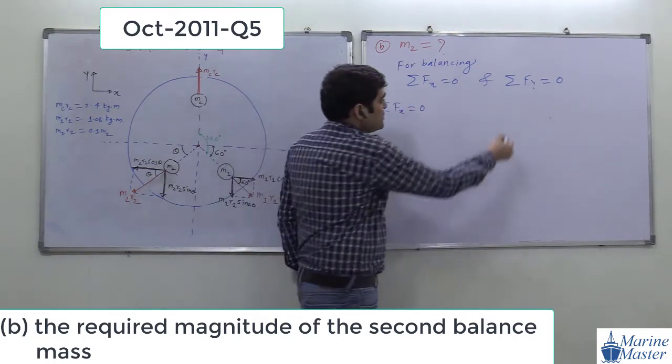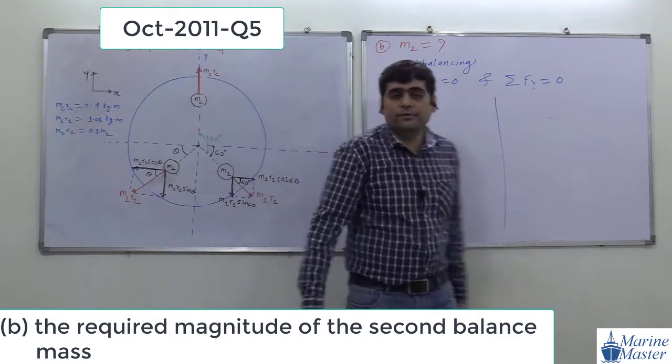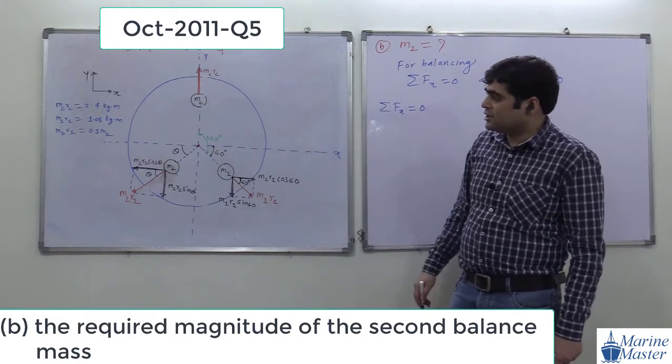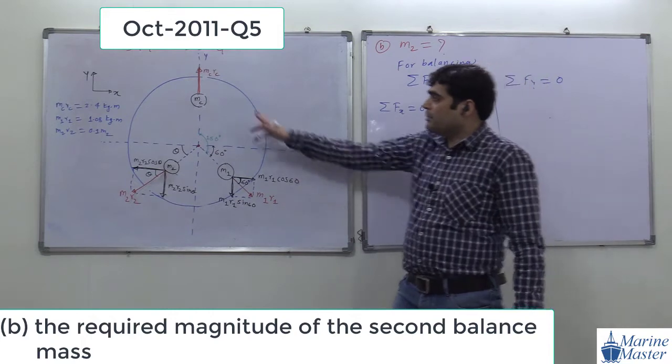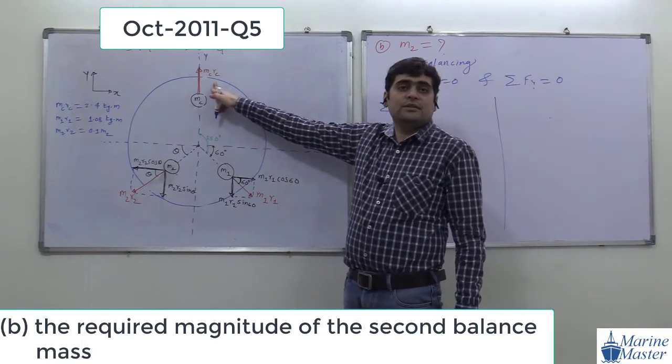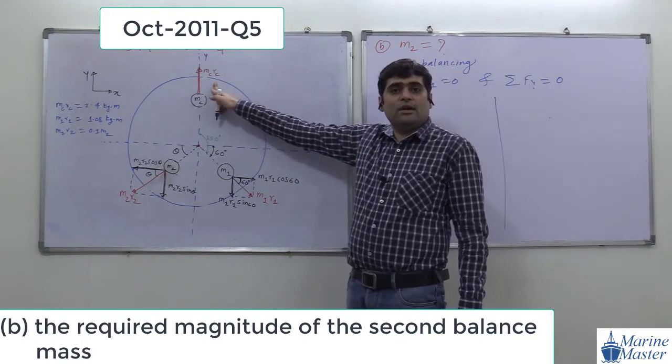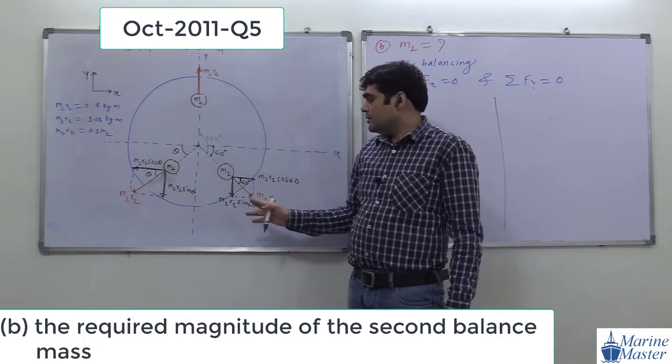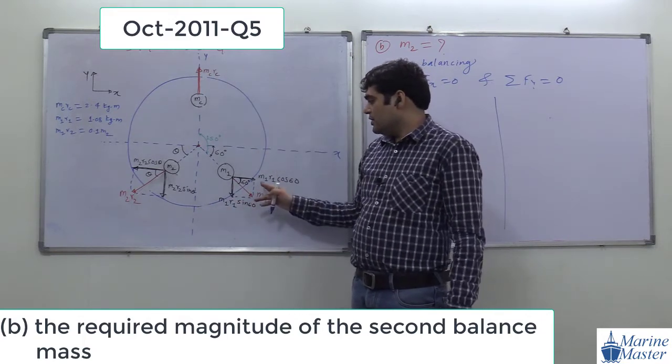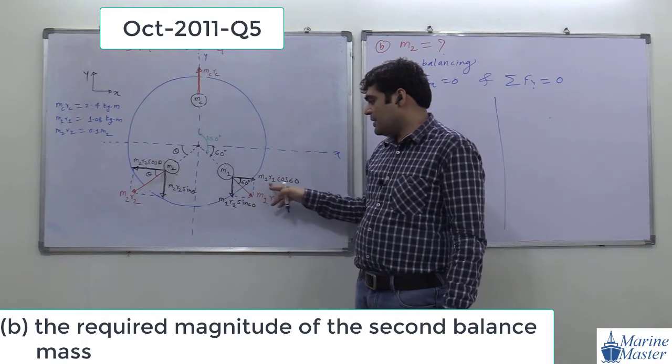What are the forces here in x direction? What about M C R C? Is it in x direction? It is in y direction, so it will not come. Here we replace M1 R1 by its 2 components.